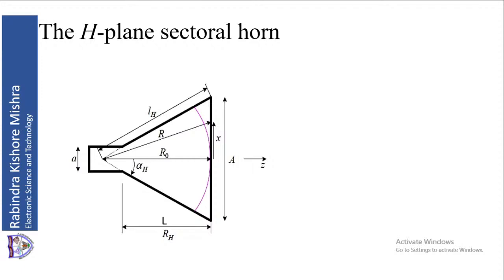There is a minus R0, they will cancel out. So the path difference is approximately equal to 1 by 2 into X square by R0. Once you know the path difference, you can find out the phase difference.